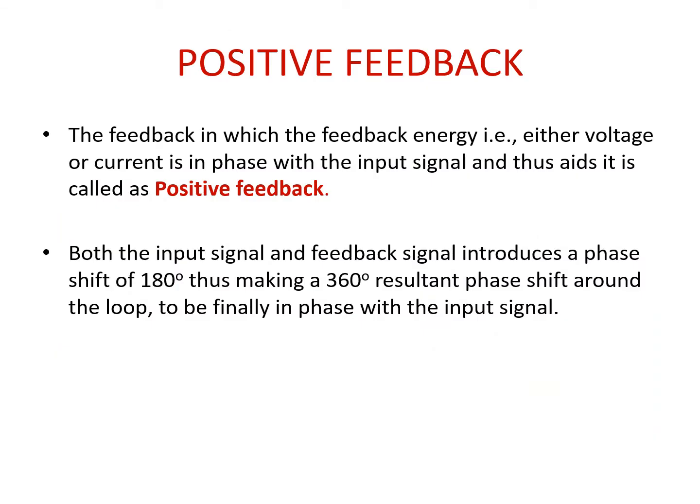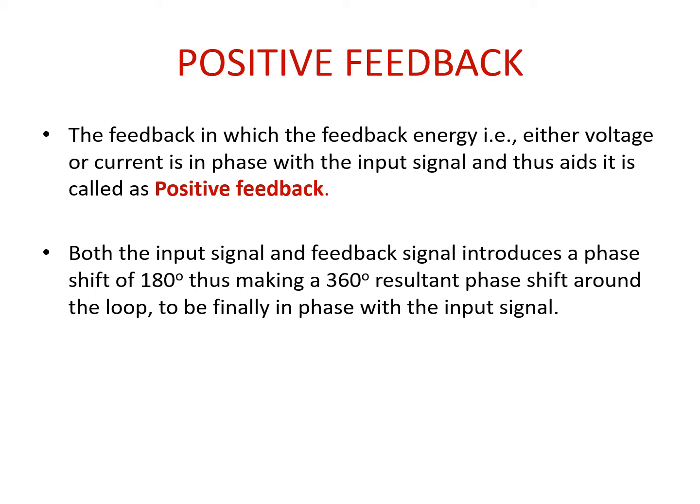Now we'll start with the first feedback that we are going to study, positive feedback. The definition of positive feedback is that the feedback energy, either voltage or current, is going to be in phase with the input signal. It is not going to be out of phase.